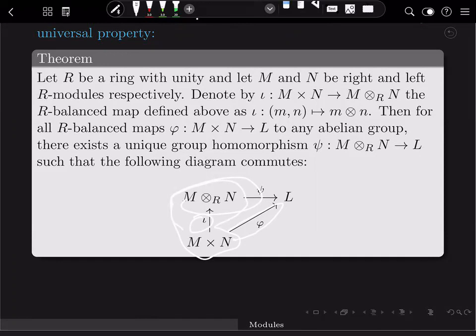So the tensor product is universal with respect to R-balanced maps.